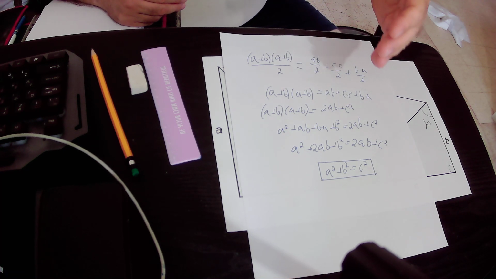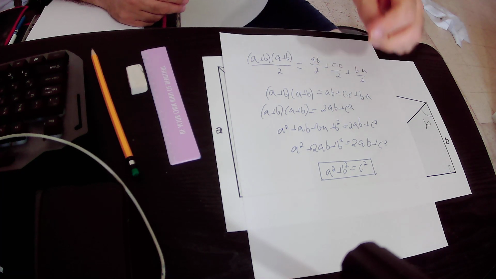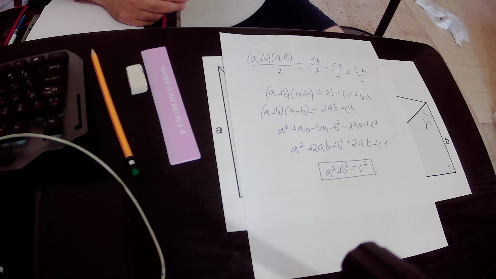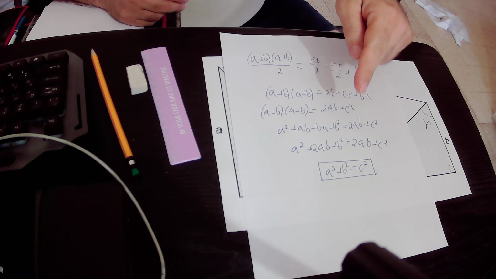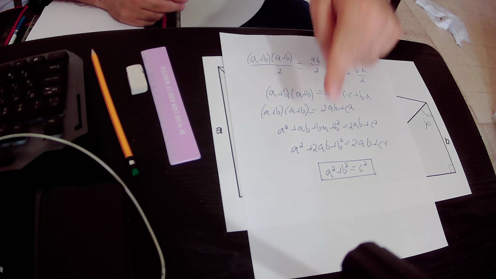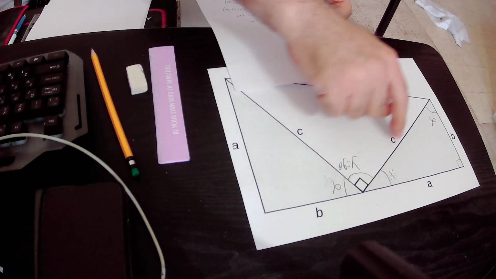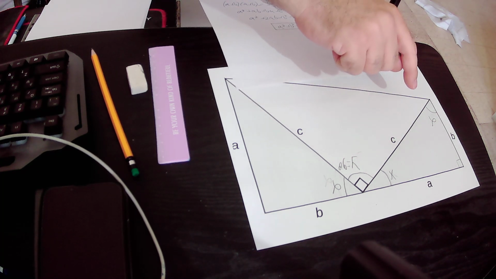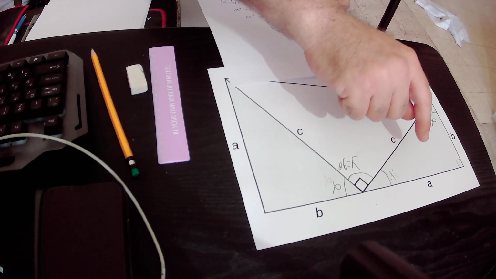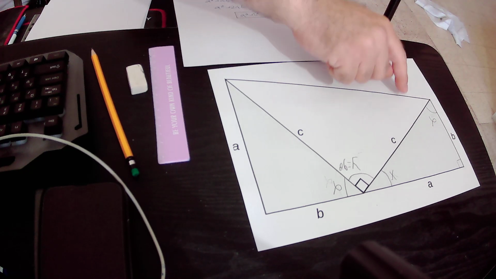So we developed this equation and got the final result that A squared plus B squared equals C squared, or the square of the hypotenuse is equal to the sum of the squares of the perpendiculars.